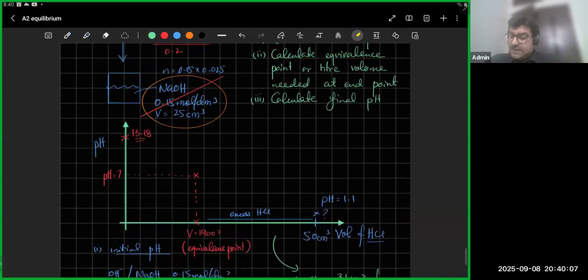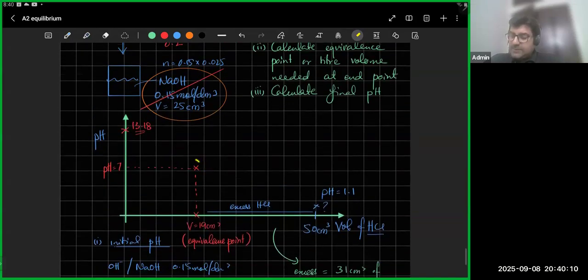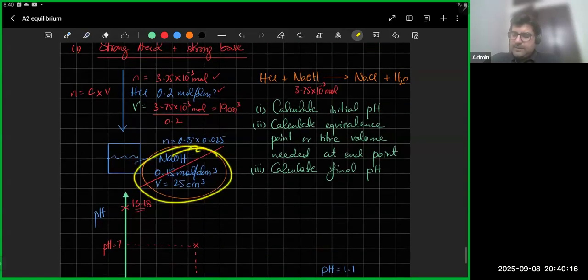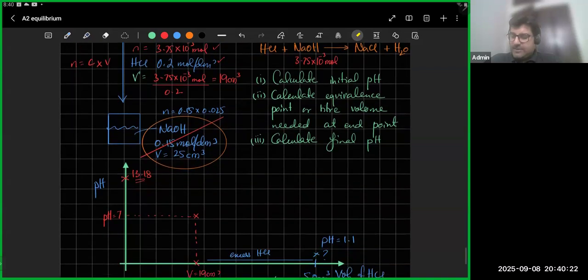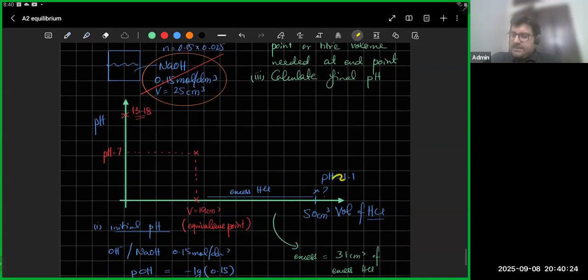And then you calculated the equivalence point, the point at which it should be neutralized. That came out to be 19 cm cube. You knew the moles, so the same amount of moles was supposed to be added from the top, and you were able to calculate the volume, right? And then the graph showed that you were adding 50 cm cubes.